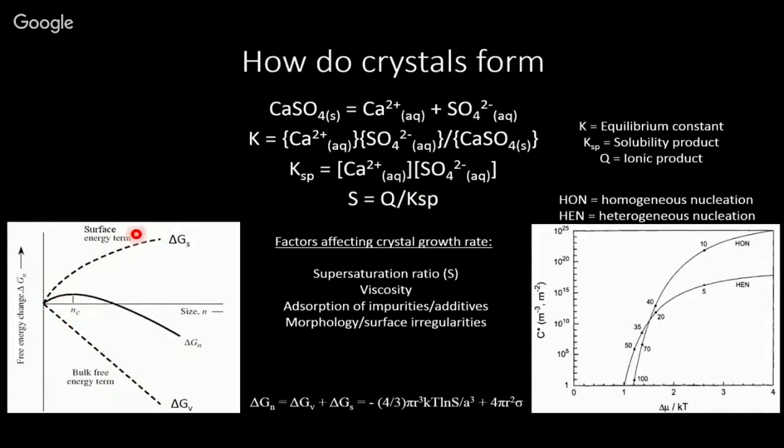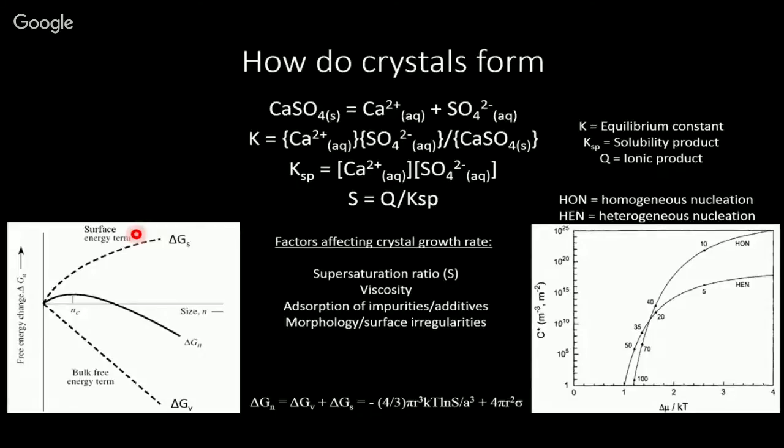When you break down this free energy into two terms, the volume term is always favorable, right? Because essentially the atoms inside the crystal favor the crystal formation. But the surface term is not favorable because there's an interfacial energy, there's the entropic cost that comes with the formation of this interface.